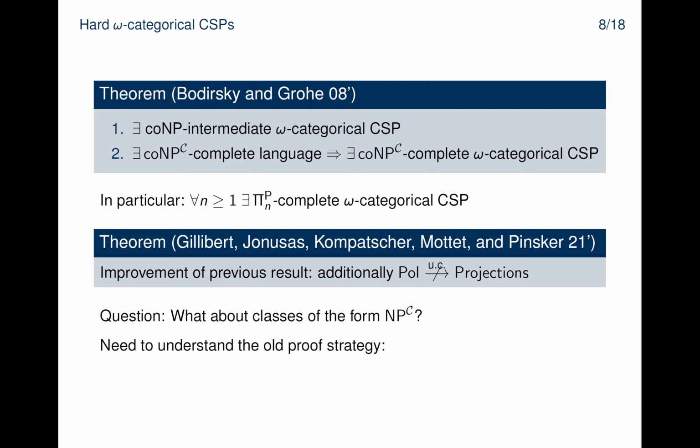I don't understand what the connection between a language and the structure is. A language is like a problem: you have a finite alphabet and a subset of sigma star. So whenever there is a language that is co-NP^C complete, then there will also be an omega-categorical CSP, a computational decision problem of an omega-categorical structure, which has the same complexity.